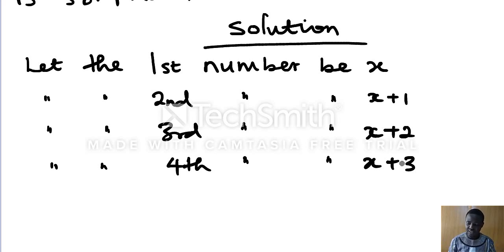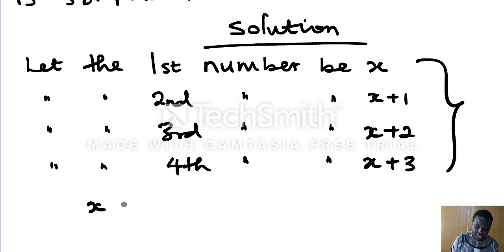So if these are the 4 consecutive numbers, then the question says their sum is equal to what? 58. Sum, which I told you earlier on, means addition. So we are going to add up these 4 numbers and equate it to 58. That means we have been able to form the equation.